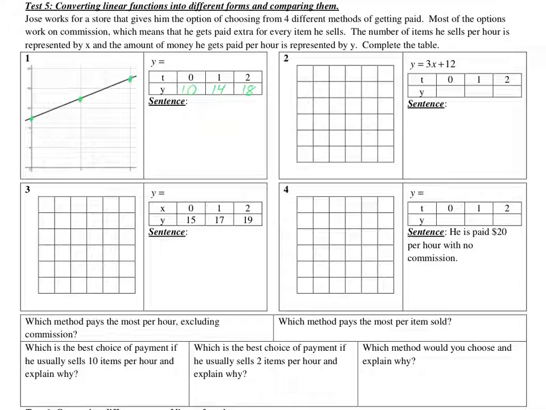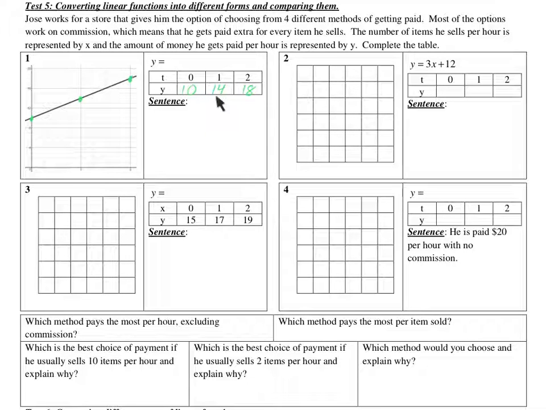If I want to get an equation from this, let's think about it: these are lines, right? And isn't a line y equals mx plus b? Doesn't b stand for the y-intercept? Just think about that. b is your y-intercept. Isn't this your y-intercept, your 0?